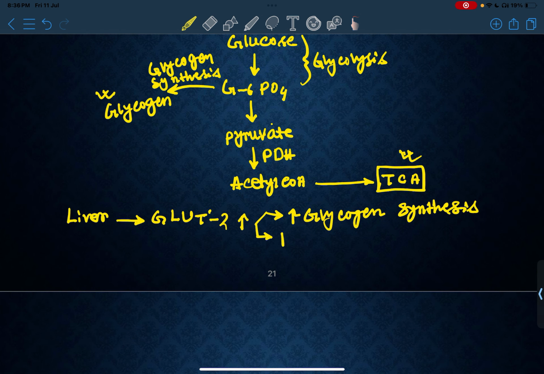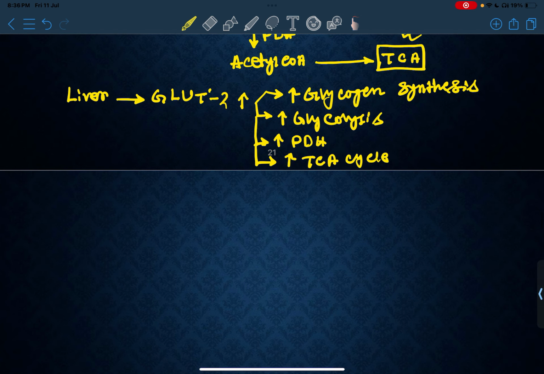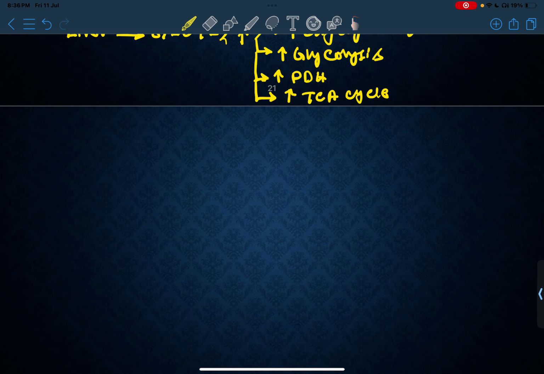Next is increased glycolysis, we have already seen that. Next, increased pyruvate dehydrogenase, and next is increased TCA cycle. Okay, these are the things that are increasing in the liver.